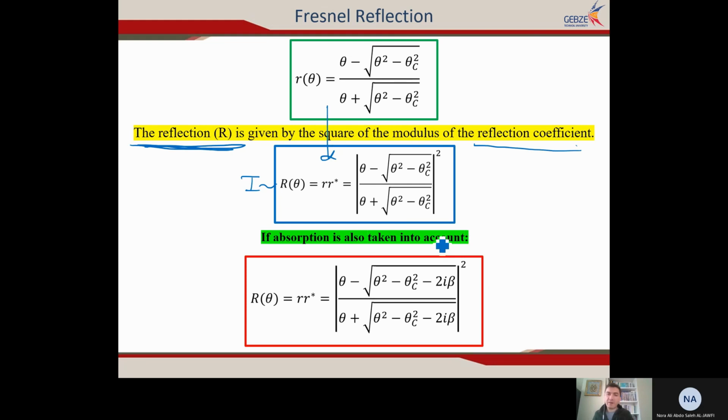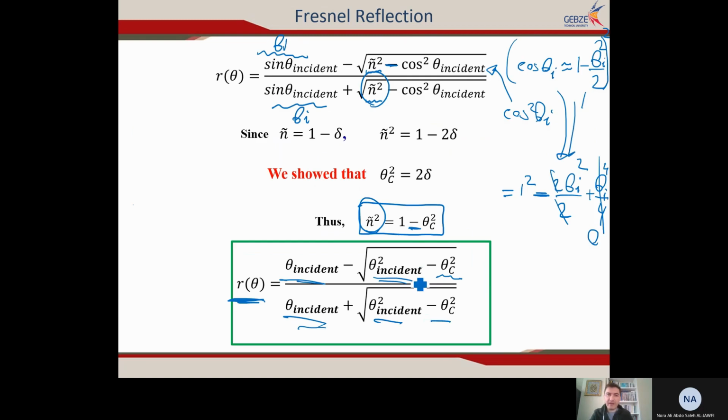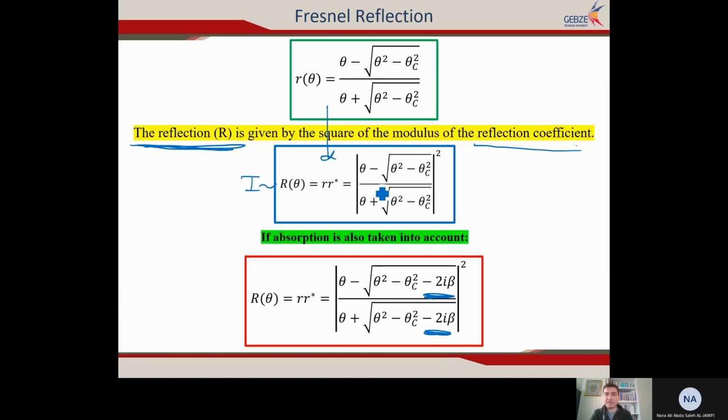If you take the absorption into account, then you can get this expression. Here in this part, we have n and n square. We have neglected absorption here, but you can also include the absorption within the calculations. Then you will have this expression for the reflection.